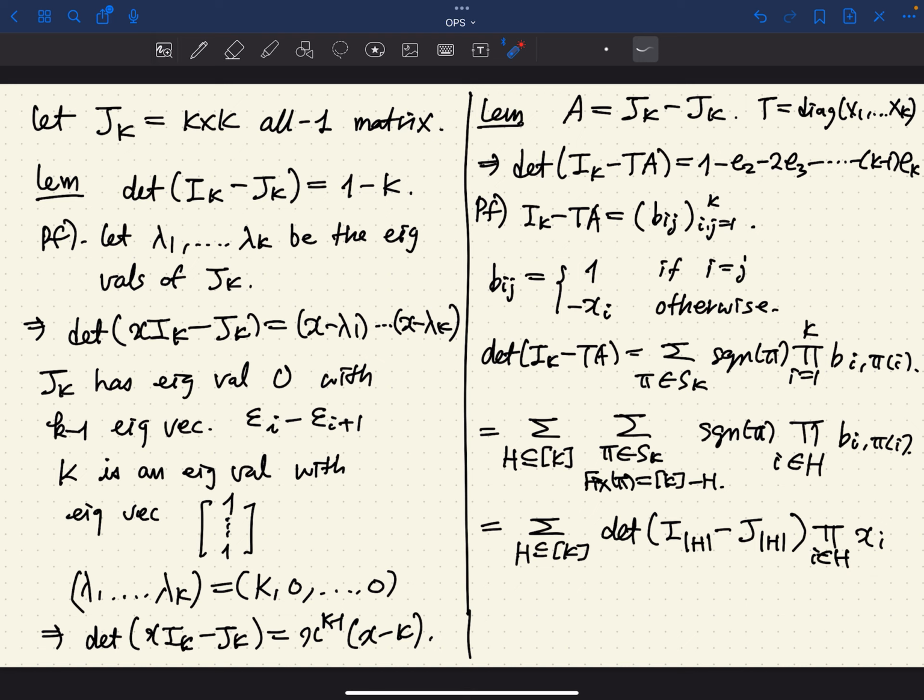Oh, right. This is not a fixed point. So we always have xi multiplied or xi minus multiplied. So if you consider that, you can pull out all the xi's, and then you are left with I minus j.